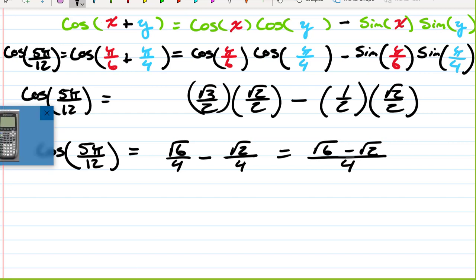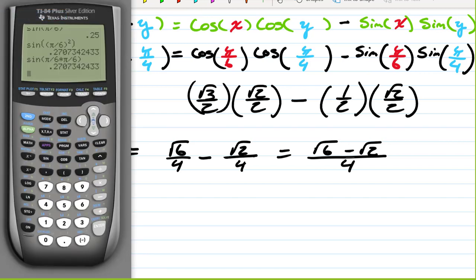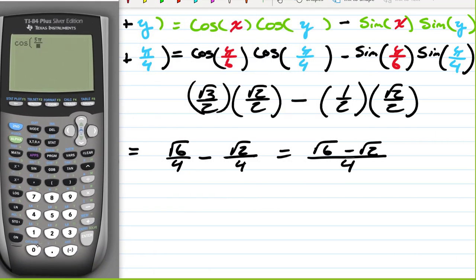We can use our graphing device to check that indeed we did get the correct answer. So if I go cosine of 5 pi over 12 and hit enter, I get this value. I can also check, is the square root of 6 minus the square root of 2 all over 4 the same thing?